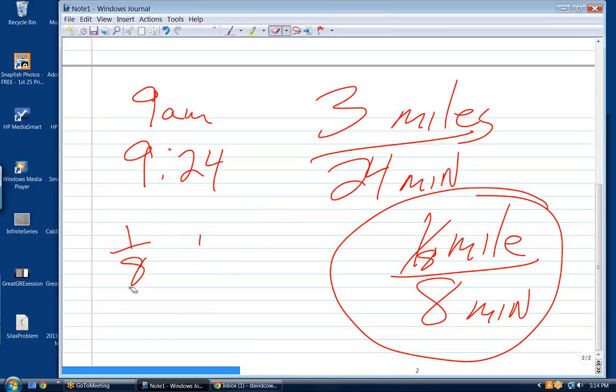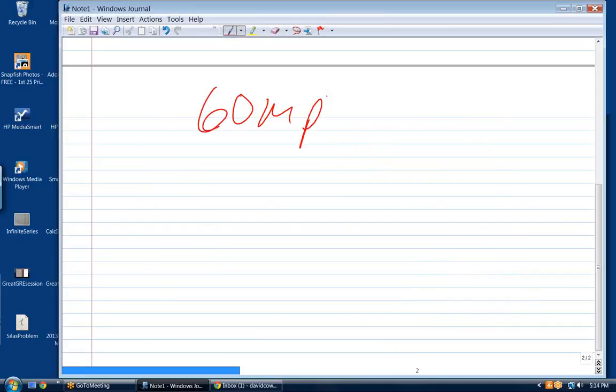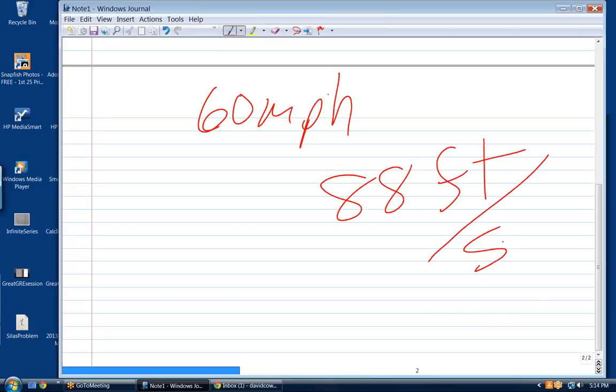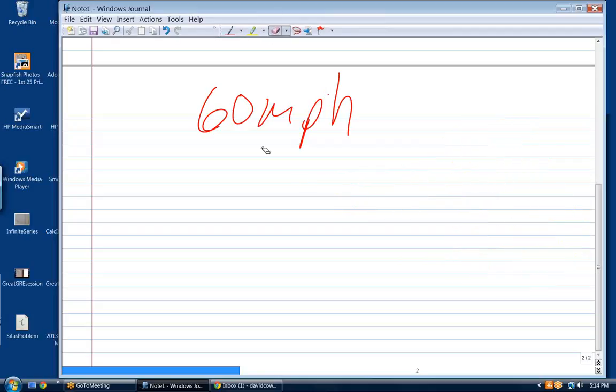If you talk about the speed of light, you talk about it moving in feet per second. Or 60 miles per hour is 88 feet per second. So whenever we're referring to speeds, we usually give the distance on top and the time on the bottom. But on that last question, she asked you for minutes per mile, which is perfectly fine and acceptable. So we did it that way. There's no real standard. It's whatever she asks for.